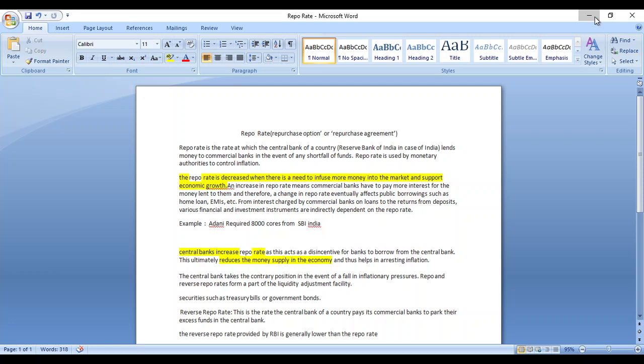Only if the bank has extra money can it provide lending to the public. In case of the country's inflation stage, at that time the RBI does the reverse repo rate, and the banks deposit all their money with the RBI, because the banks think about their own security. Based on the repo rate and reverse repo rate, these two concepts are adjusted for economic growth.